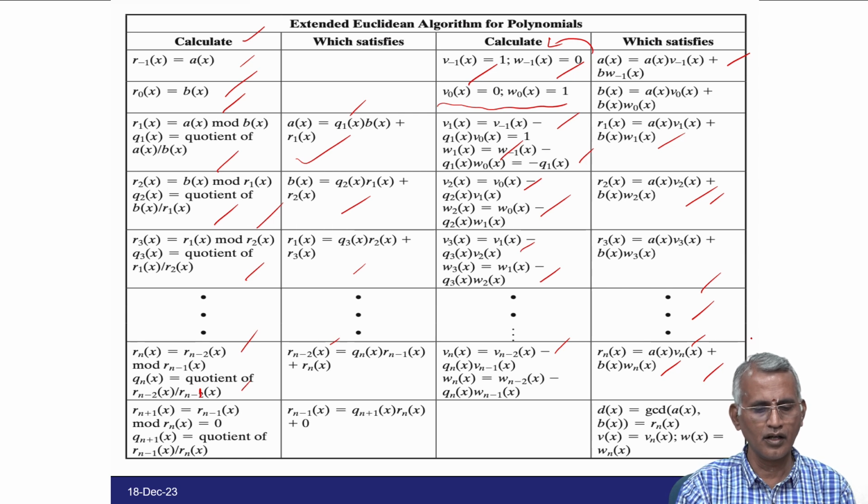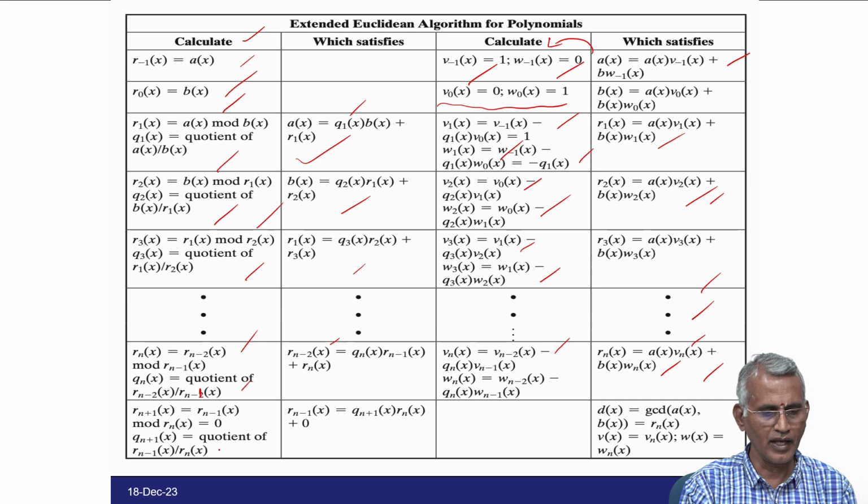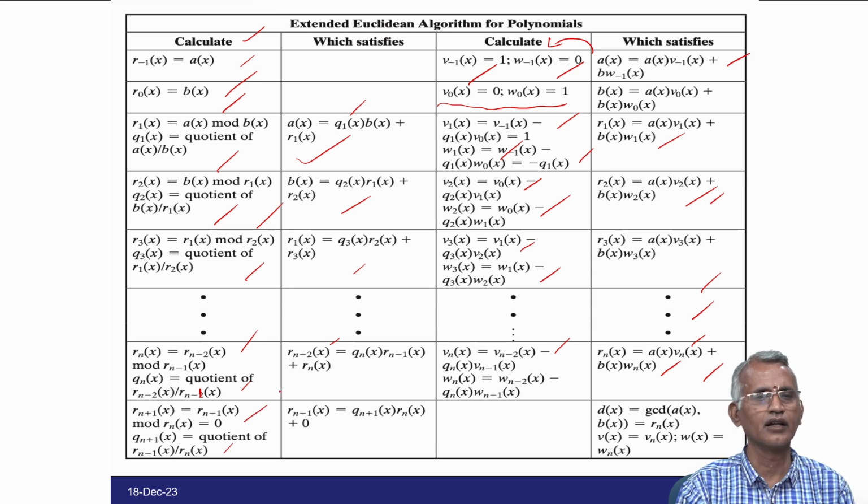So, if you divide Rn of x by R suffix n minus 1 and the quotient is exactly divisible, that is the remainder is 0, in this case R suffix n plus 1 of x and R suffix n minus 1 are equal. So that R suffix n minus 1 of x equals Q suffix n plus 1 of x into Rn of x.